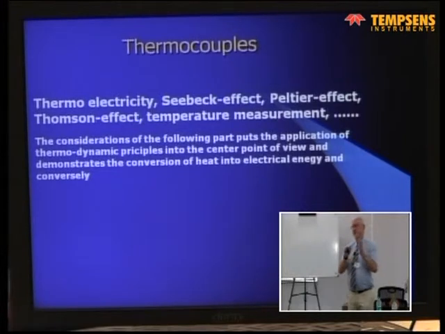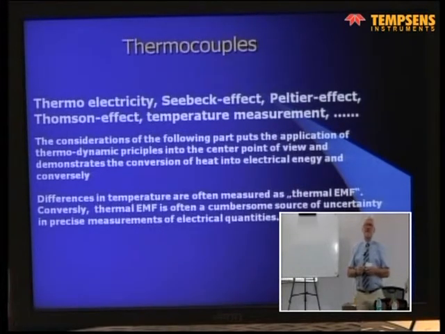Whenever you transport electrical energy, you synchronously transport heat energy. And when you transport heat energy, you always transport also electrical energy in a metallic conductor. Always. It is not possible to divorce these two effects and take them apart.